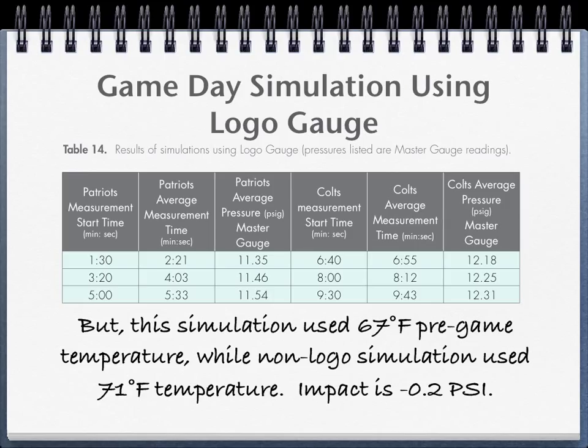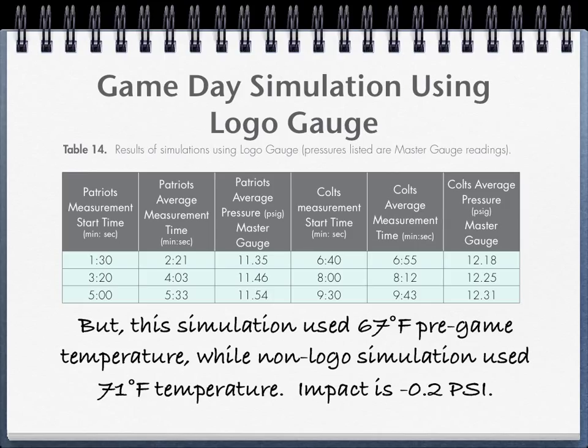One of the 2 game day simulations used the logo gauge initially, so the Patriots footballs would have been nominally at 12.1 psi, and then used a master gauge, a gauge that is believed to be accurate. And they also did the same thing with a non-logo gauge and then used the master gauge also.